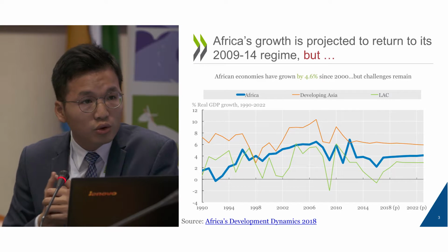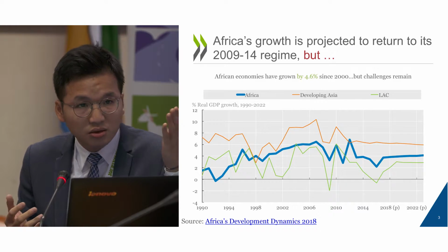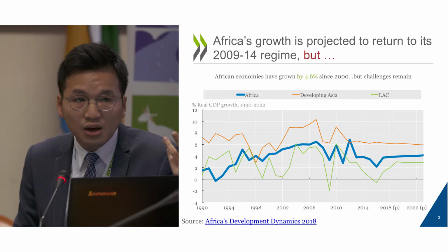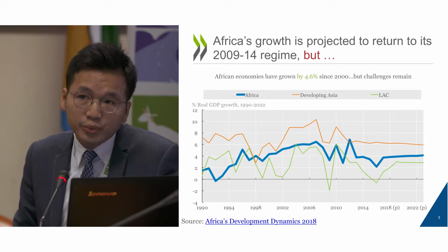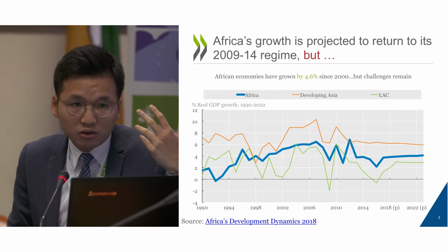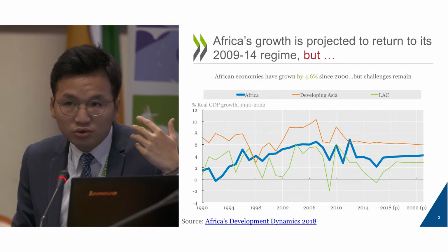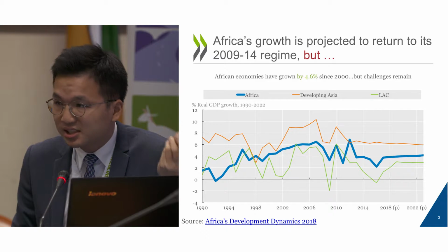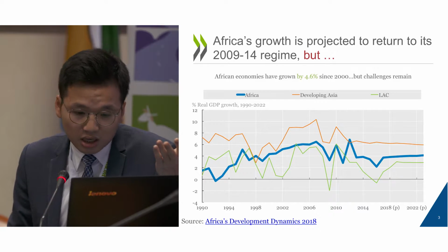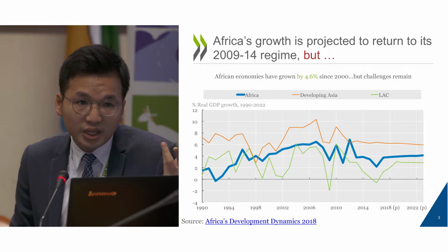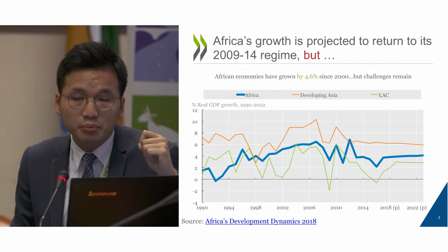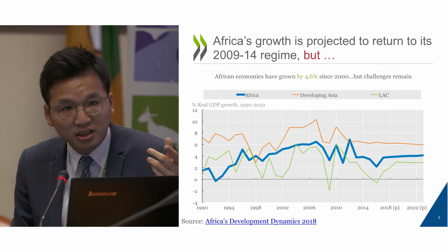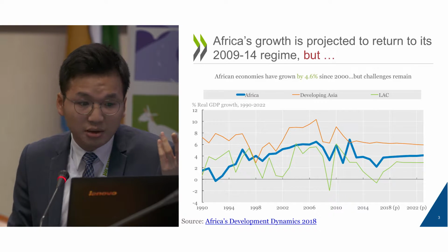As we look into the growth story in Africa since 2000, we see that it is actually a pretty good story, with growth in the continent reaching about 4.6% a year from 2000 until 2016. This is still a bit lower than developing countries in Asia, but quite a bit better than Latin America. So that's some good news.